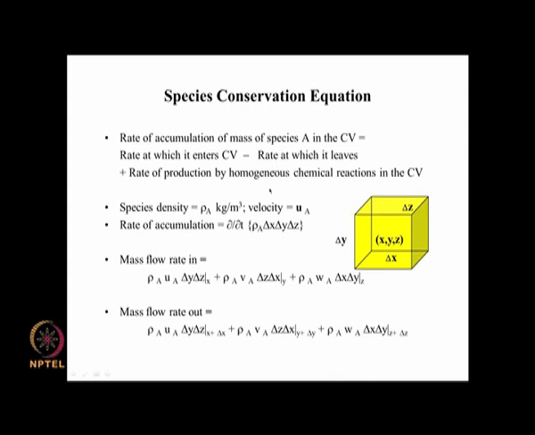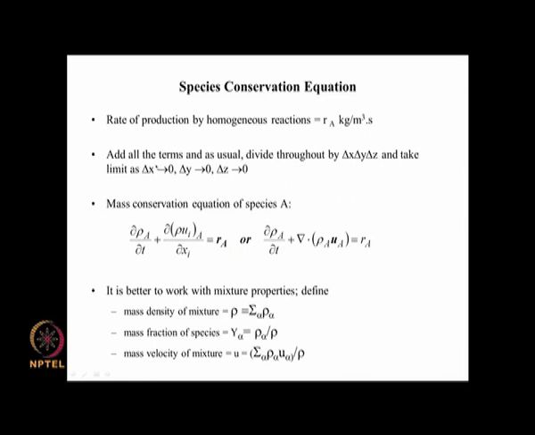Now the rate of reaction, for the moment we are calling it RA as per the chemical engineering practice. So this is rate of production by homogeneous reaction.